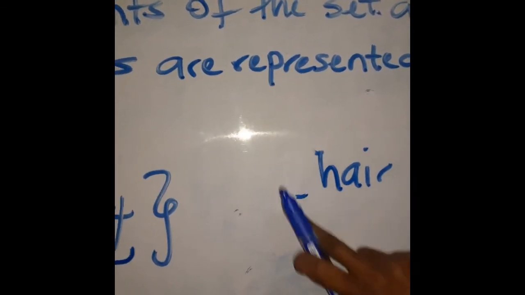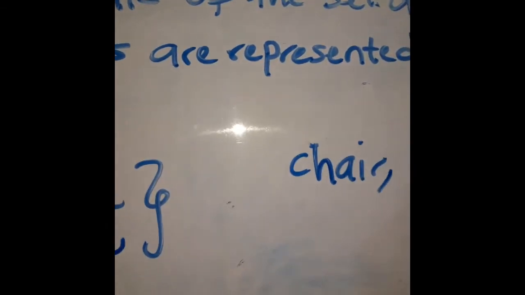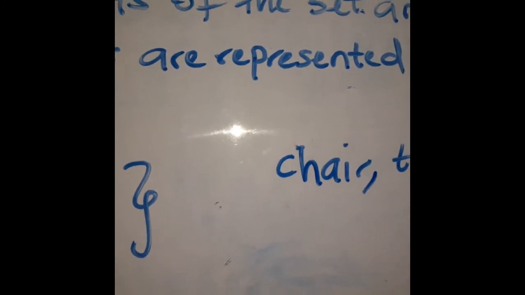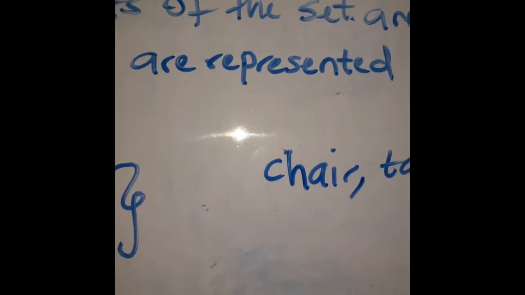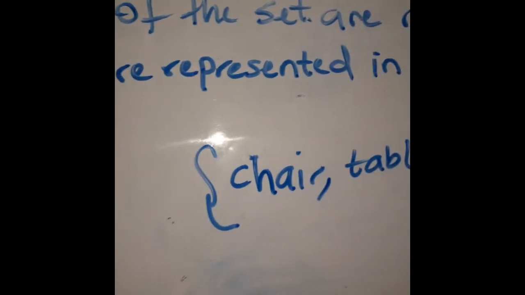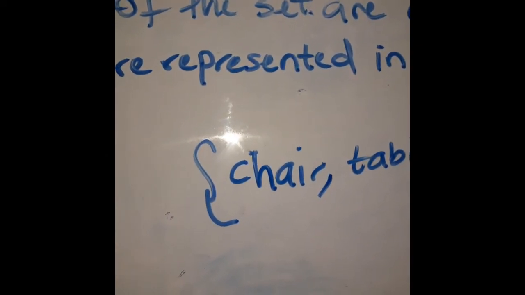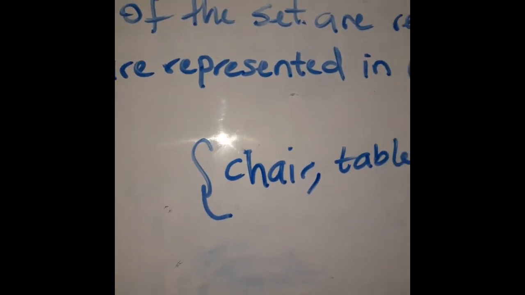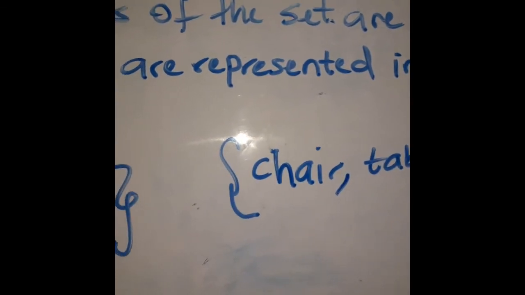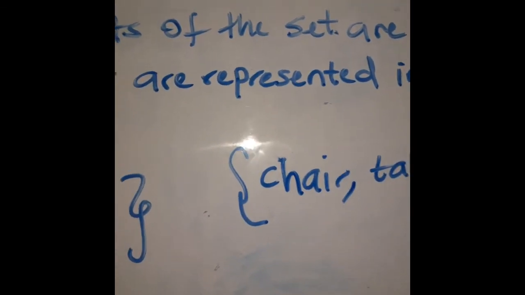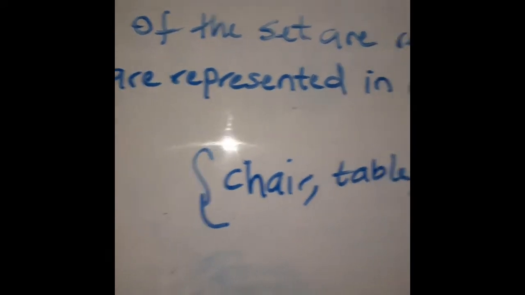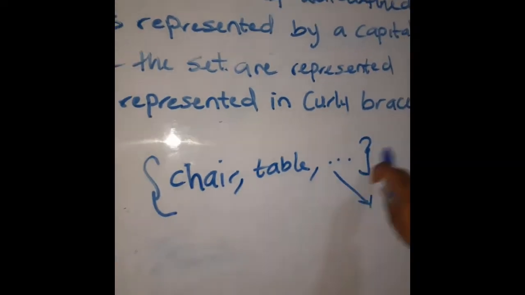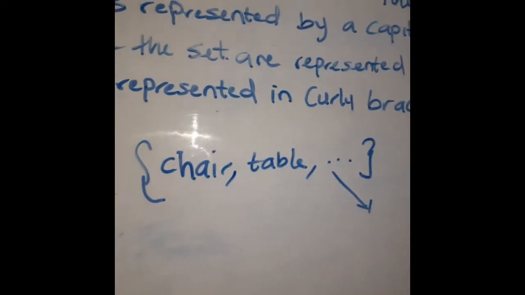This chair, this c, will be in small letter. Table, dot dot dot. This dot dot dot means it is infinite. There are so many things that can be made using wood and can be classified as furniture. So that's what this dot dot dot is, that it is continuous. So this is a set.